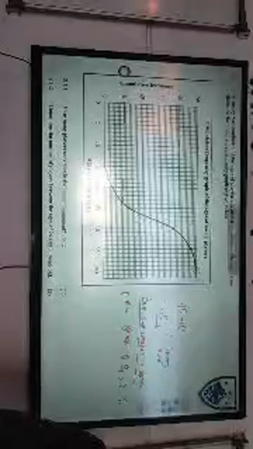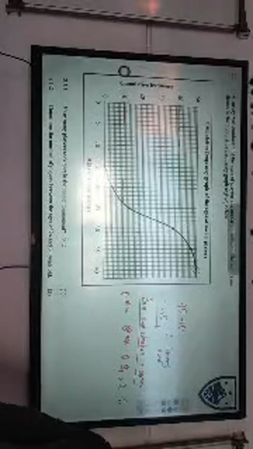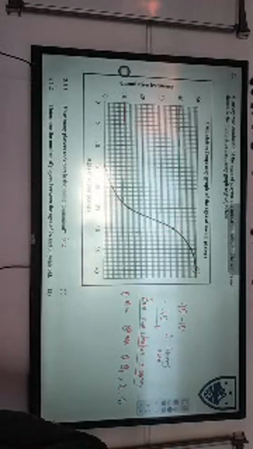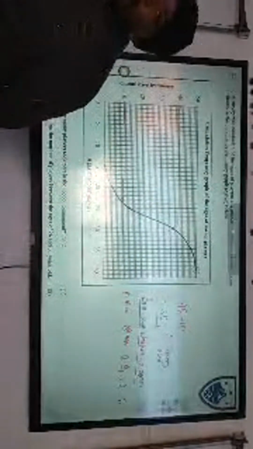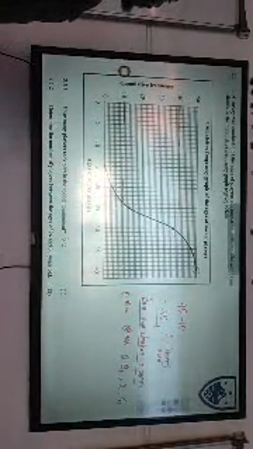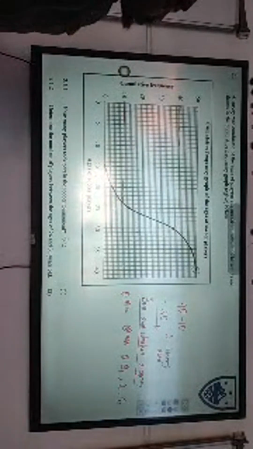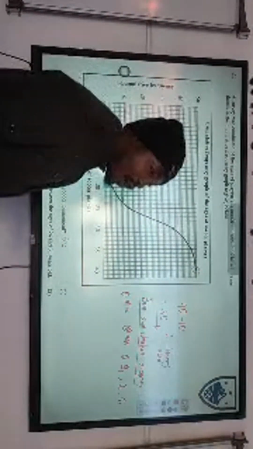From the graph, yes, we're going to use the curve. A survey was conducted for the ages of players at a soccer tournament. The results are shown in the cumulative frequency graph given to us. So we want to find the minimum value. How much will it be?